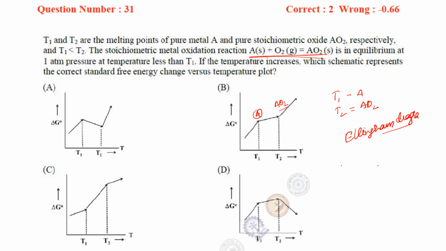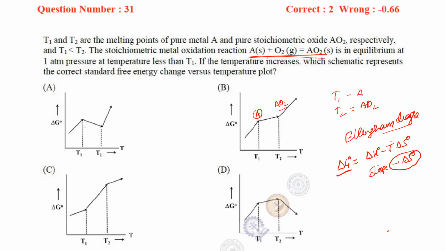right? So we know from the Ellingham diagram that delta G equal to delta H minus T delta S. So these are at standard, so delta G naught equal to delta H naught minus T delta S naught. And this is the plot between delta G naught and temperature. So if you see the plot, the slope which we have got is what? Slope is here minus delta S naught, right? Now when temperature is increasing and it is up to T1, suppose let it be at T1, what happens?